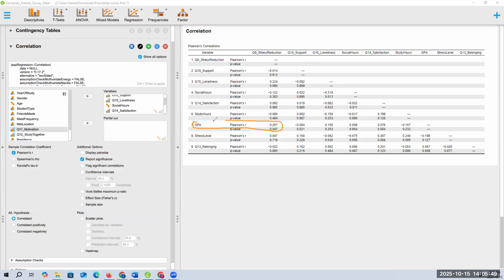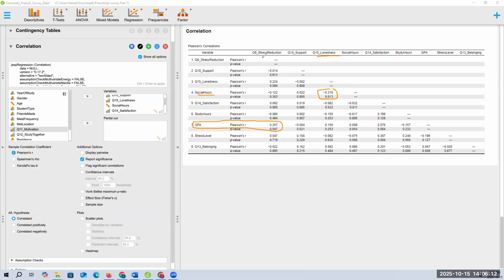So here, anything else which is clearly significant? Oh, and social hours and loneliness. Oh, this is interesting. So here and here, and oh, nothing else.